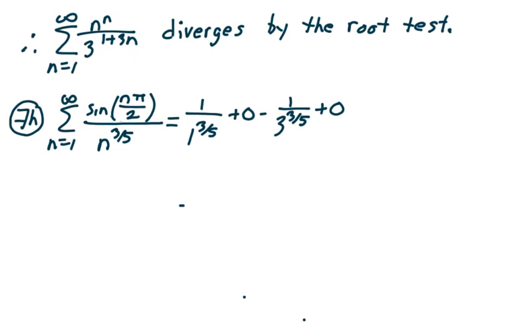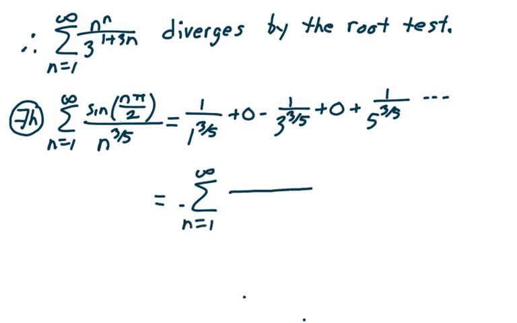When n is any even number, I claim you're going to get 0. When n is 5, you're back up to 1. And so it's 1 over 5 to the 3/5. And it keeps going. And so I claim this is the summation from n equal 1 to infinity of.